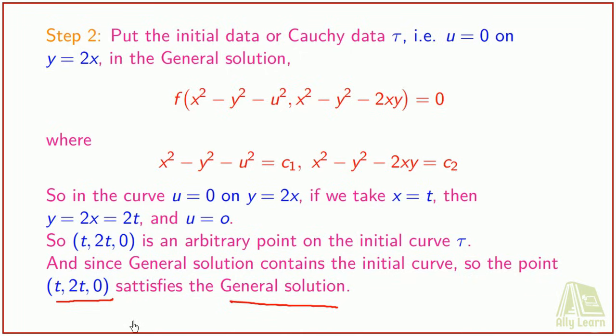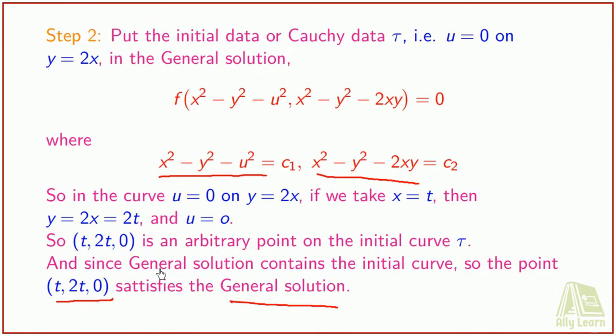So now we will put this point in the equation phi equals C1, and in the equation psi equals C2, as these are the solution curves generating the general solution.